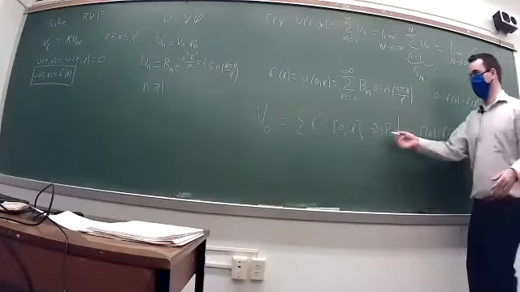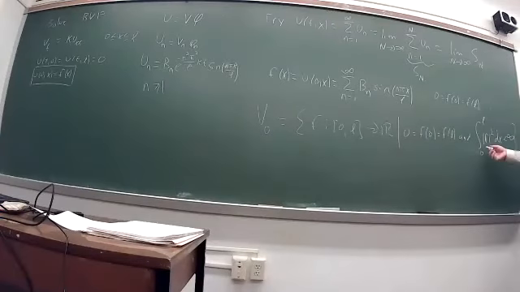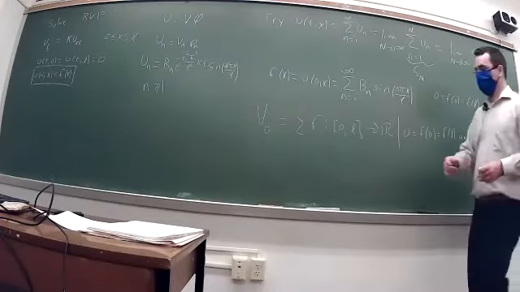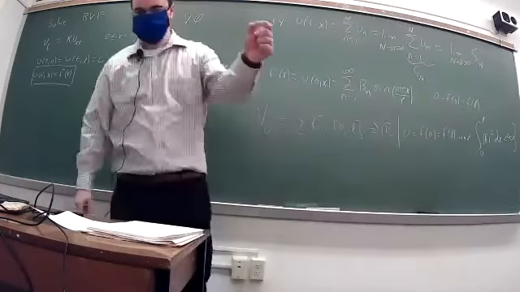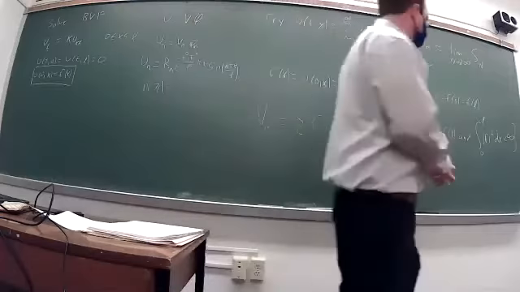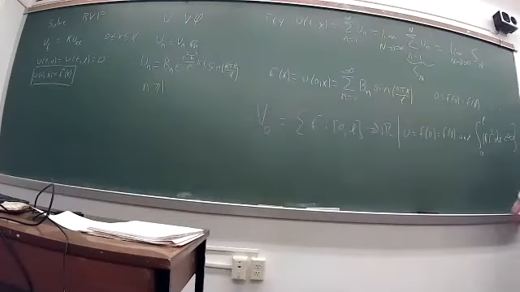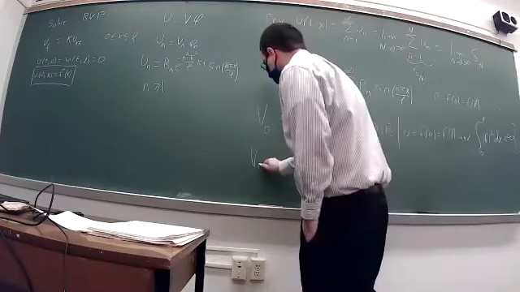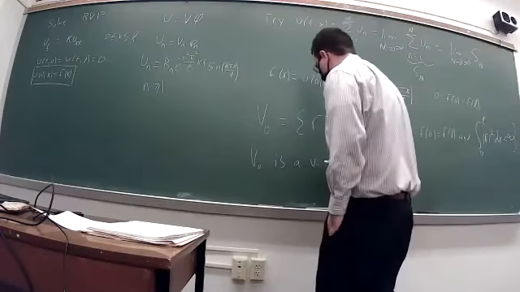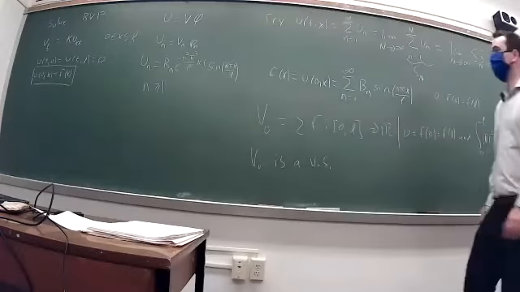There's lots of functions that are defined everywhere that don't have finite integral, or the integral doesn't exist for some other reason. Think of something like even just 1 over x, and define it to be 0 at the point 0. It's a legitimate function. It's not in this space. But what I will say is that V naught is a vector space.